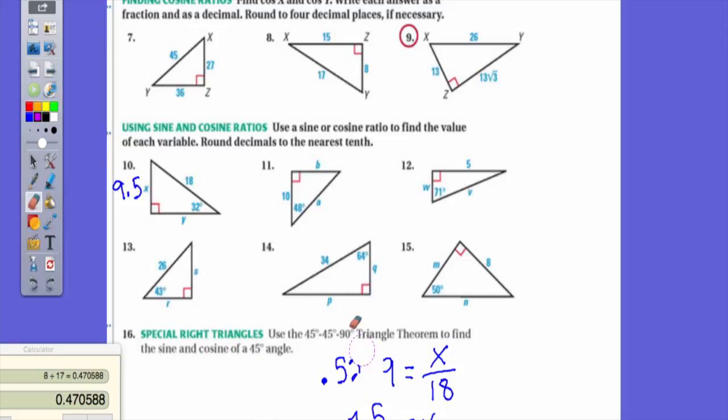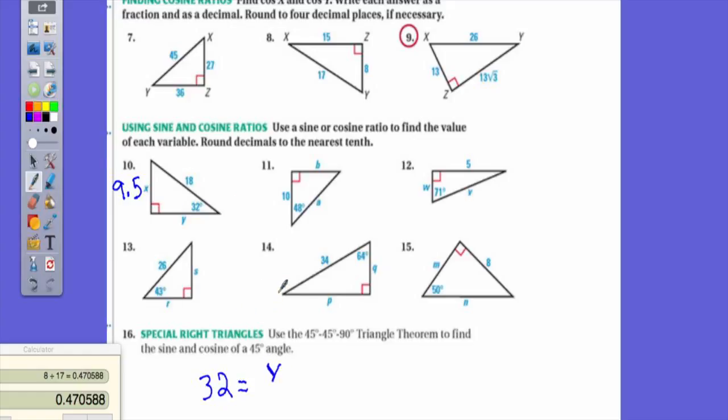Okay, tell me what I'm doing for y. You have to do Pythagorean theorem. No. You can do it that way, but you're not practicing the trig. So 32. Now you have the adjacent, correct? Y is the adjacent over the hypotenuse, and so that's cosine.